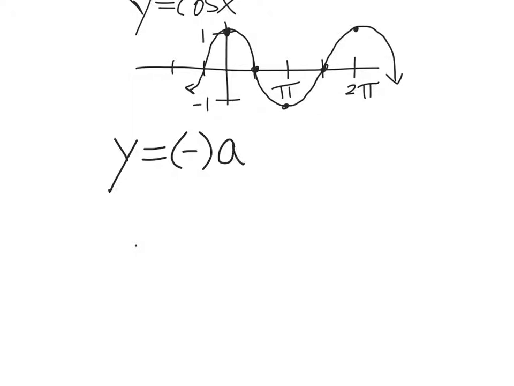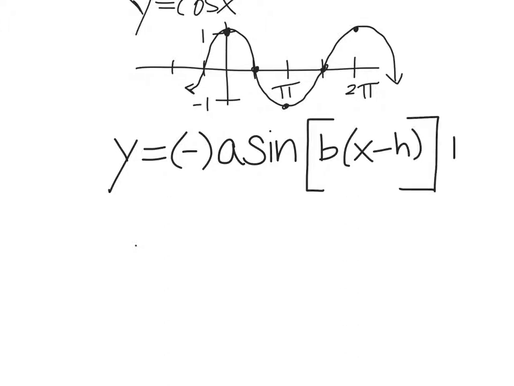Sometimes they have a number in front of them. We'll call that A. Then here comes the function, whether it's sine or cosine, either one. Then we'll have B times x minus h plus k. All right, that's a lot to write down in one thing, isn't it?